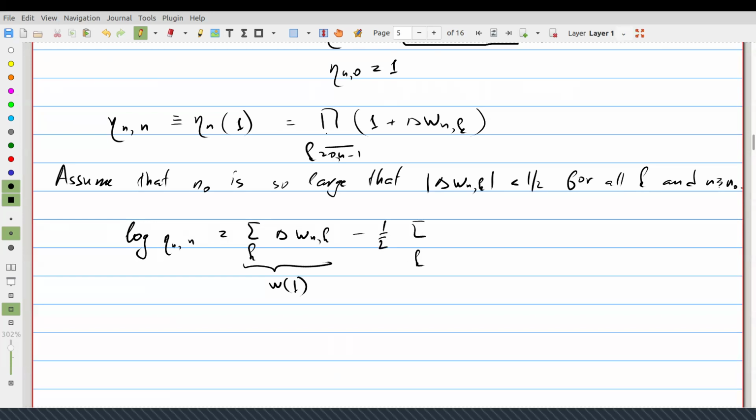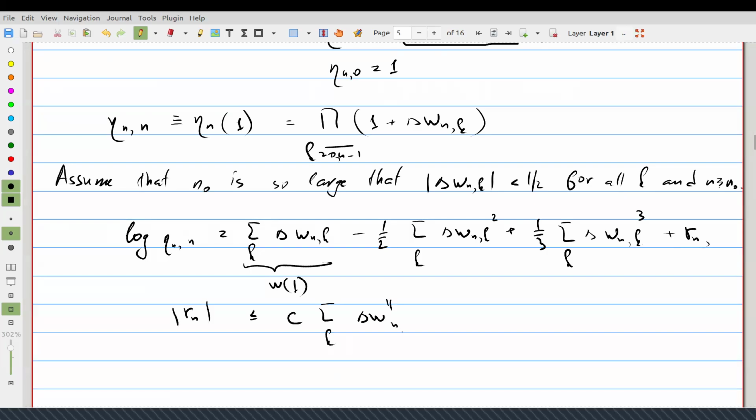So this is a product. The logarithm of a product is a sum of logarithms, and we apply the expansion for every logarithm of this sum. Delta W nk squared plus 1/3 delta W nk to the third power, the signs are alternating, plus R n, where the modulus of R n is less than some constant times fourth powers.